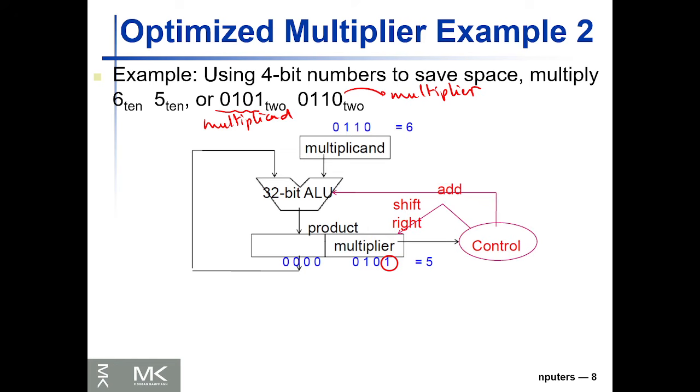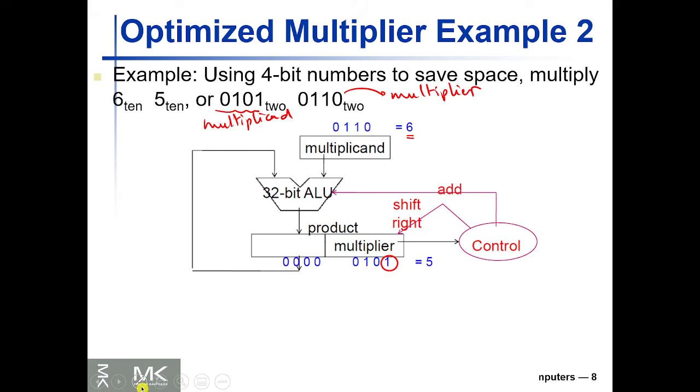Although the internal results will change, the final one, which is 30, will be the same. The initial state is that the multiplicand register has 0 1 1 0, and the product has 4 zeros in the most significant 4 bits, and the least significant 4 bits are the multiplier, 0 1 0 1, which is 5.